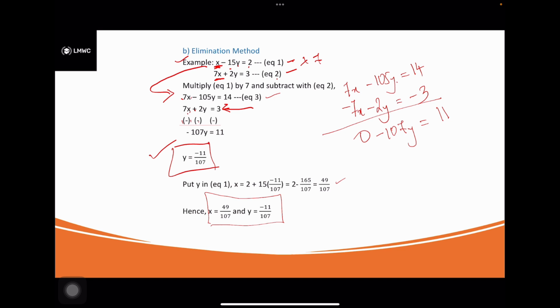If the question states that you have to use a particular method, then you will have to use it. Otherwise, if the question does not mention which method to use, then it is as per your choice. Whichever is convenient for you, you can use it.